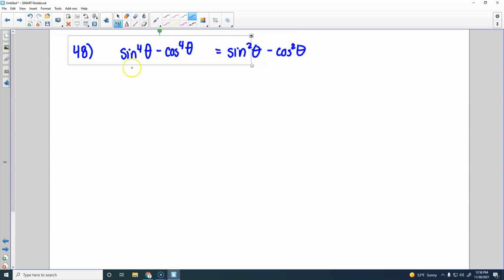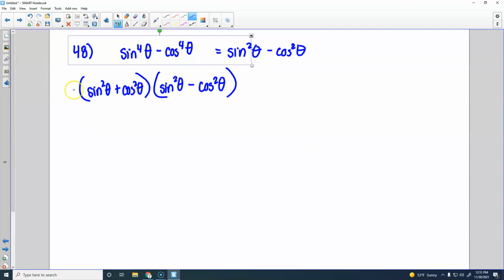So when we factor, we could factor that stuff to the 4th power. We could put a sine squared here and a sine squared here. And then we could do plus cosine squared and minus cosine squared. Right? It's a difference of squares, but since it's to the 4th power, you're going to have squares right here instead of just sines and cosines.